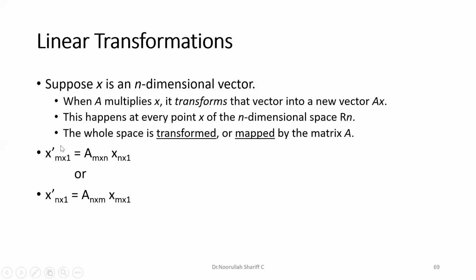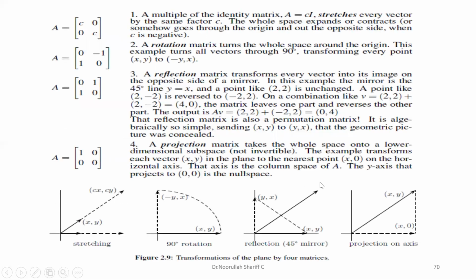So that naturally becomes the m-dimensional space rather than the n-dimensional space. In the same way, if A is n cross m, then naturally it will do the other thing. The linear transformation has certain properties, and we'll consider how those can be represented by different matrices.